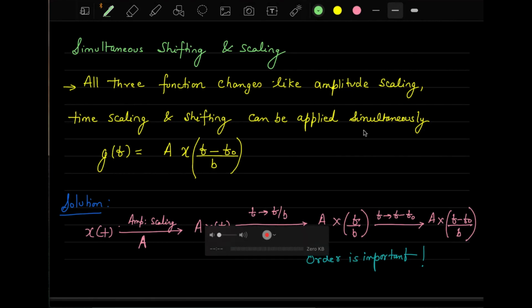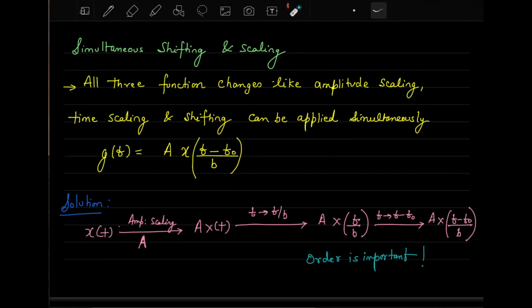Okay, so last time what we were discussing was simultaneous shifting and scaling. In that, we were saying that if all the operations we had discussed individually are present in one format, like a times x, there is a scaling with the amplitude, then there is a time shift with the time t naught, and then scaling by a factor b in the time variable.